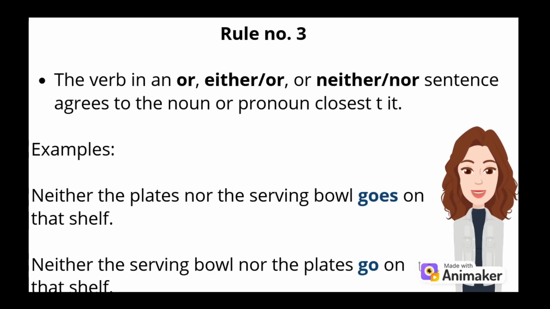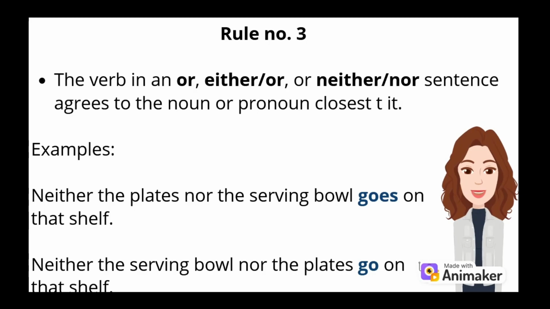However, the noun which is closest to the verb is serving bowl. As serving bowl is a singular noun, the verb used here will also be singular, as the verb will follow the noun that is closest to it. So the verb here is "goes."